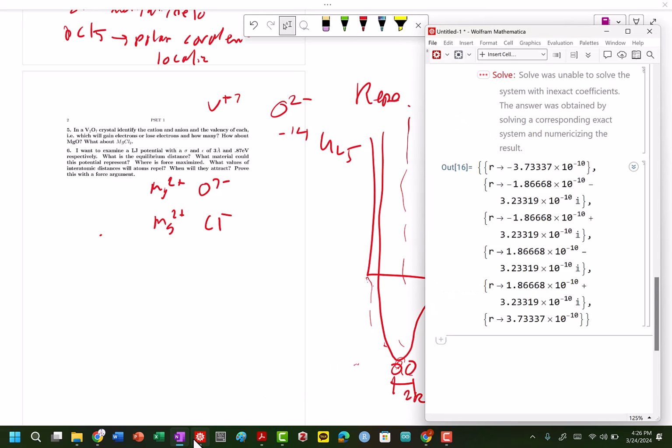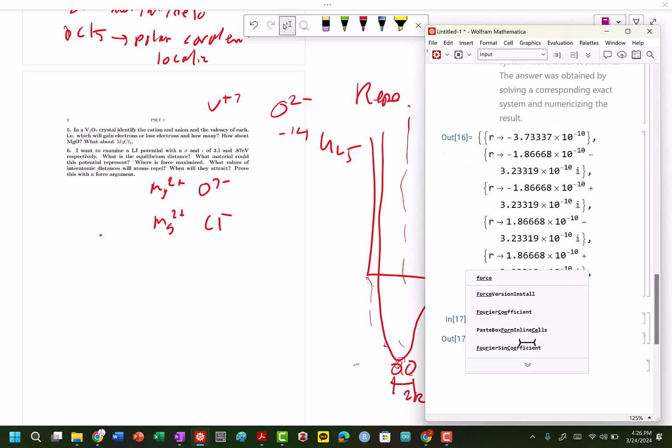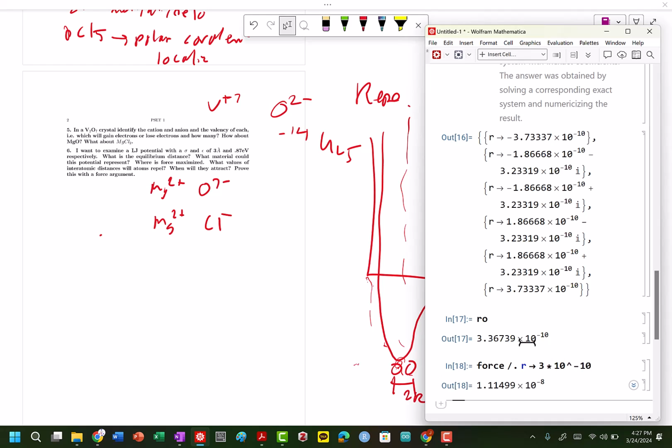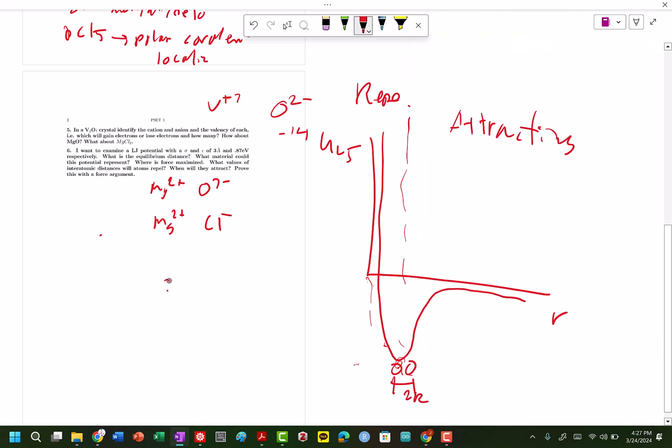So for example, we know what our R naught is. So I could look at force as R goes to, let's say I'm at 3 times 10 to the minus 10. The force here is positive. So what does that mean? What direction is it pushing? So I'm looking at my interatomic potential here and here.